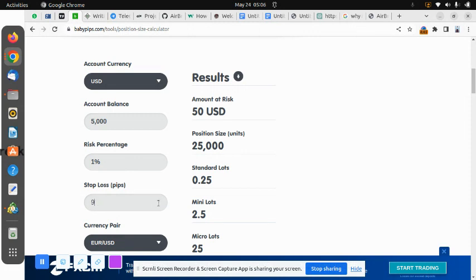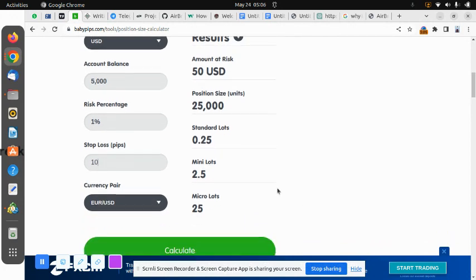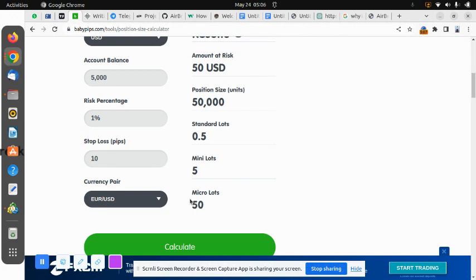Like I explained, you enter your account balance here and your risk percentage. You are willing to risk 1%, which is $50. It's going to calculate everything for you. We are willing to risk 10 pips. Let's calculate it and see what it gives us. You can see it gave us the same exact amount, right?